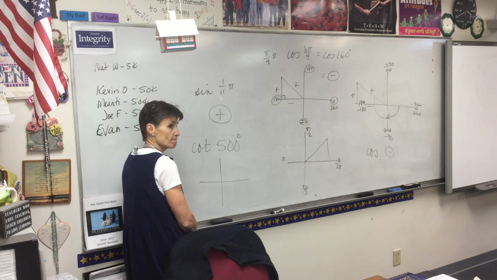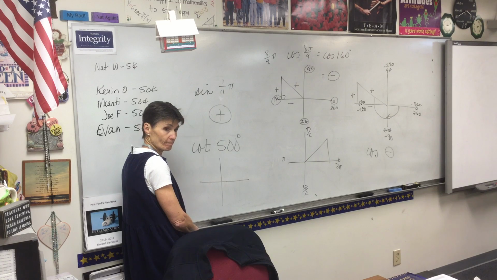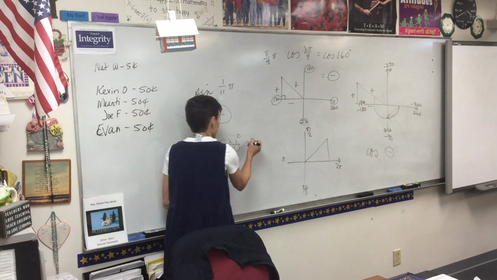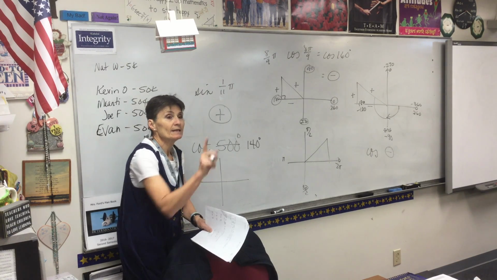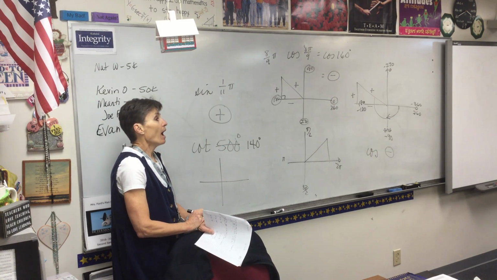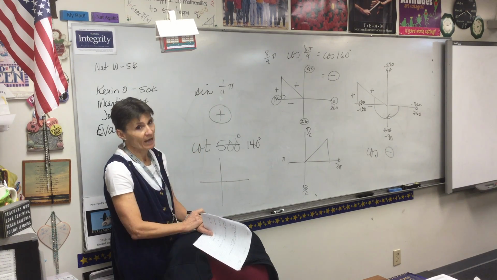How many degrees? 140. How did he get 140? 360 minus 7. Exactly. I know that all the way around is 360, and you should know that too.